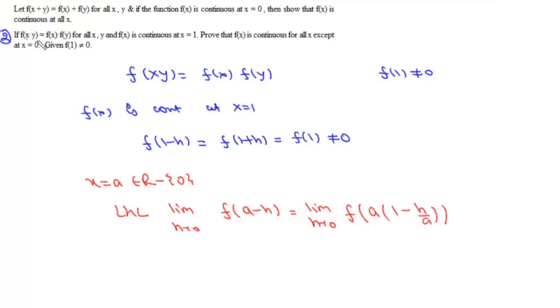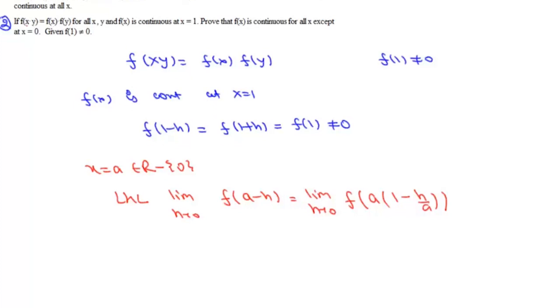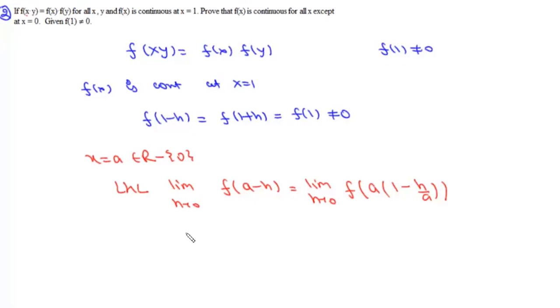Now f of x into y is fx into fy, so we'll write this as limit h tends to 0 fa into f of 1 minus h upon a. Now f of 1 minus h upon a is f at 1 negative, which is f1 minus h, and will be equal to f1. So this is fa into f1.